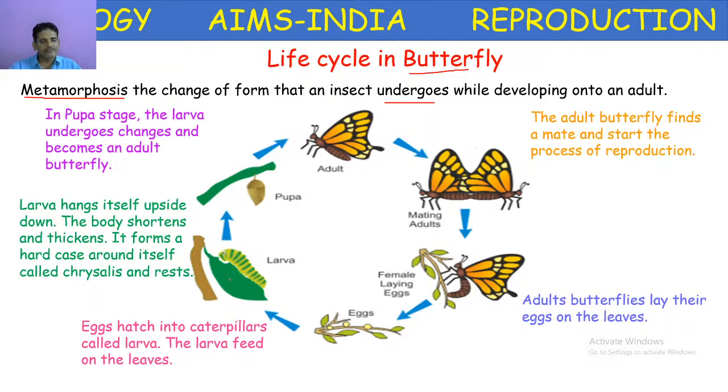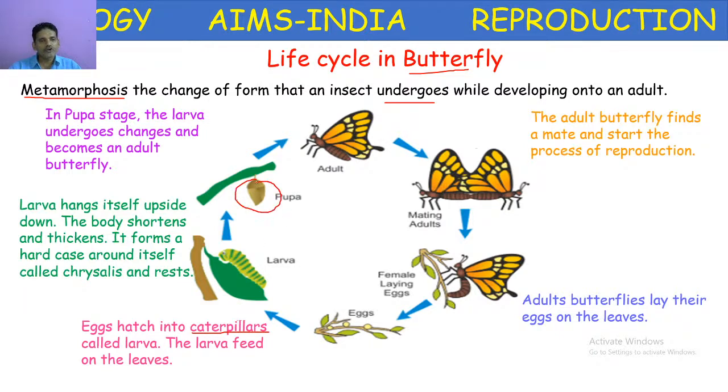The larva of butterfly is called a caterpillar. The larva feeds on the leaves. The larva hangs itself upside down. The body shortens and thickens, and it forms a hard case around itself called chrysalis and rests.